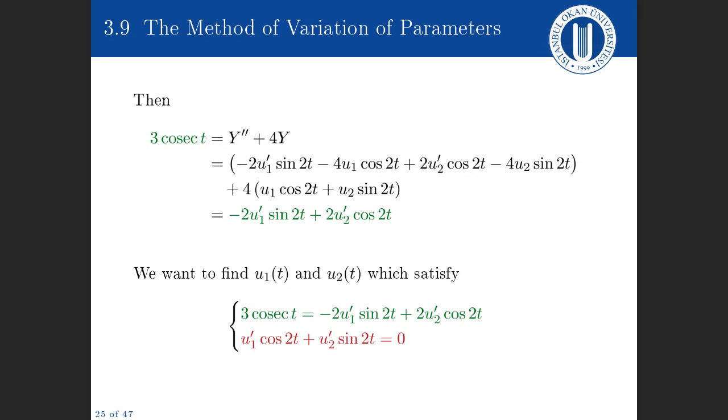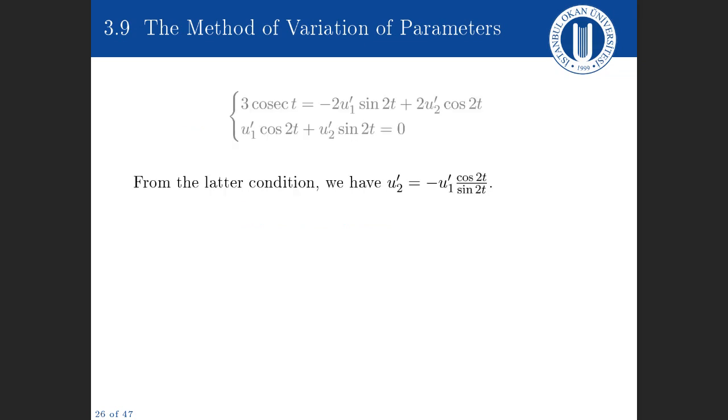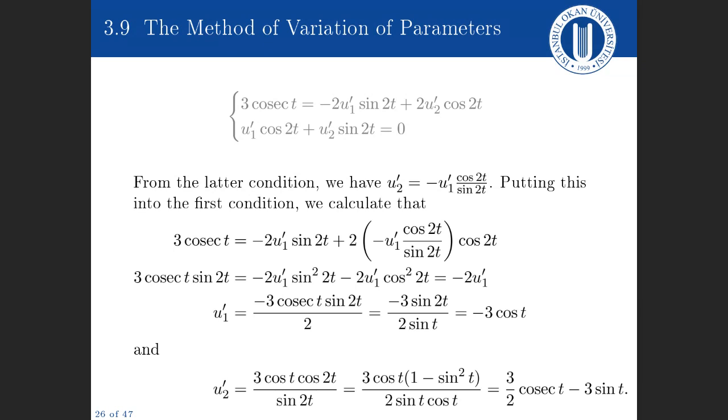Now, this is a linear system of 2 equations for u1' and u2'. We know how to solve linear systems from linear algebra. For example, take the second equation, rearrange it. u2' must be -u1' cos 2t over sin 2t, and then substitute this into the first equation.